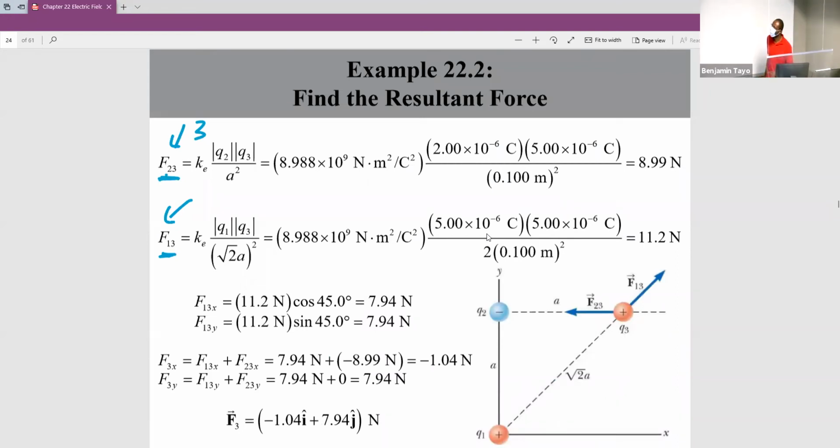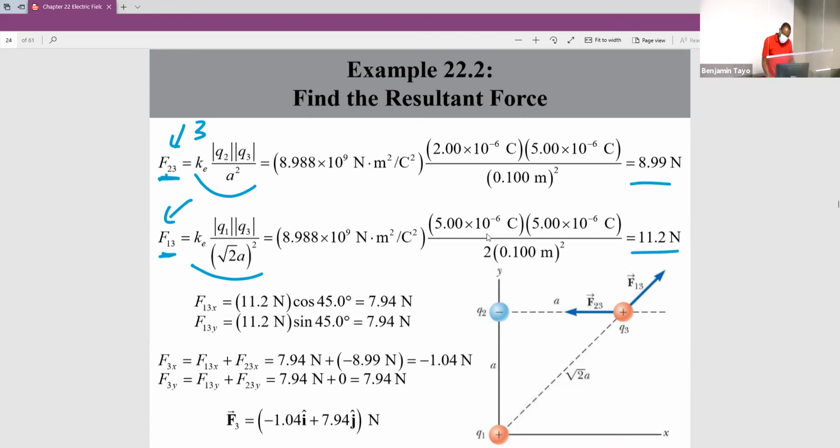And if you remember, we said that the very first thing is to get these magnitudes. So if you just plug in those numbers here, you end up with those 2 forces. That's just substituting. We're not really doing anything different.